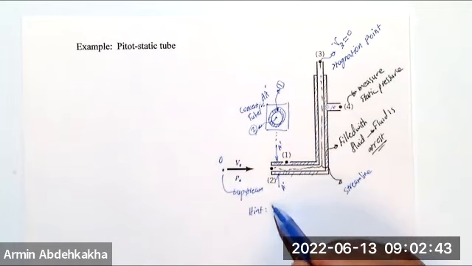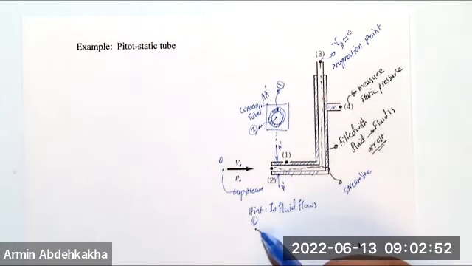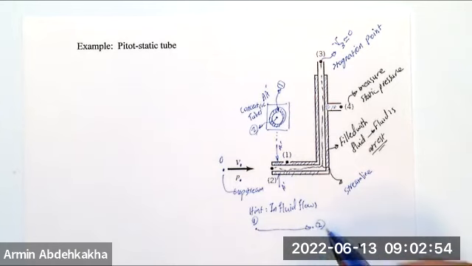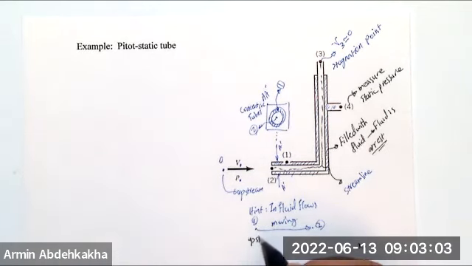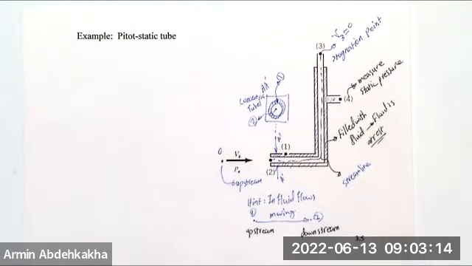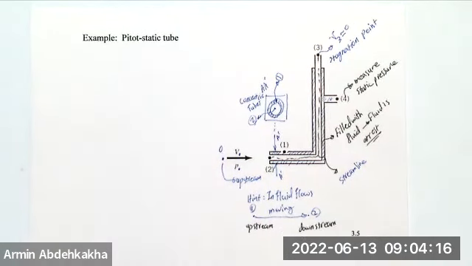In fluid mechanics, when fluid flows, the flow moves from point 1 to point 2. This is upstream, and this will be downstream. Okay.